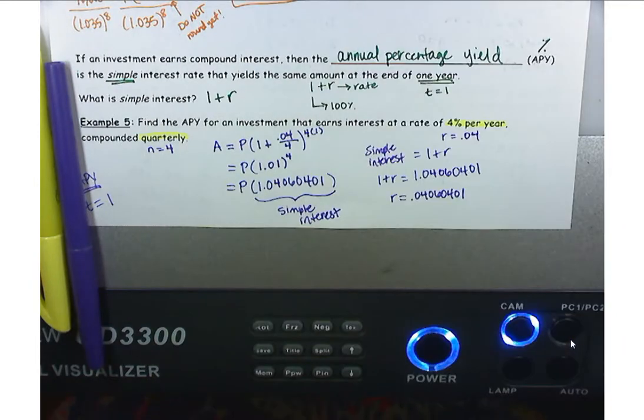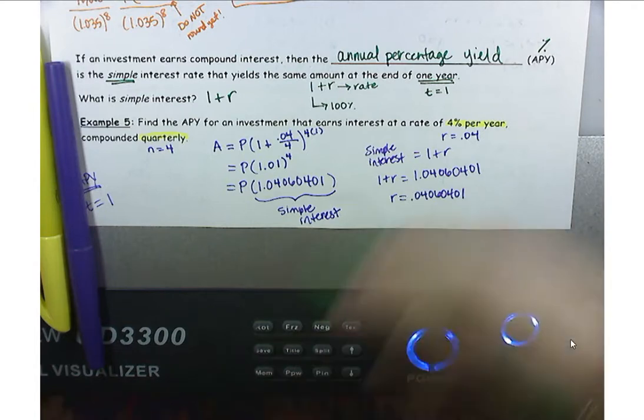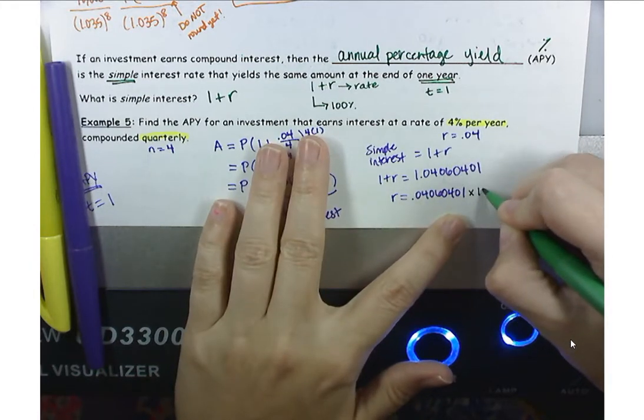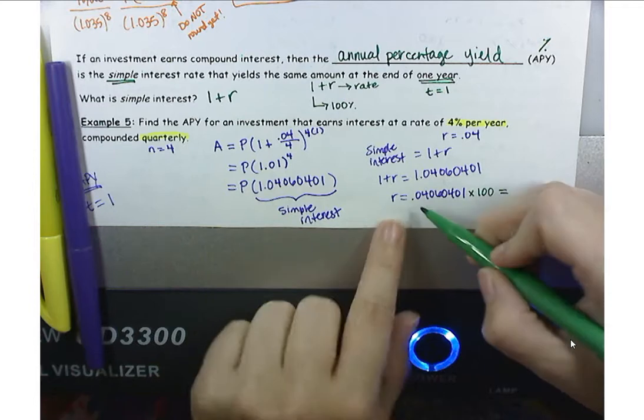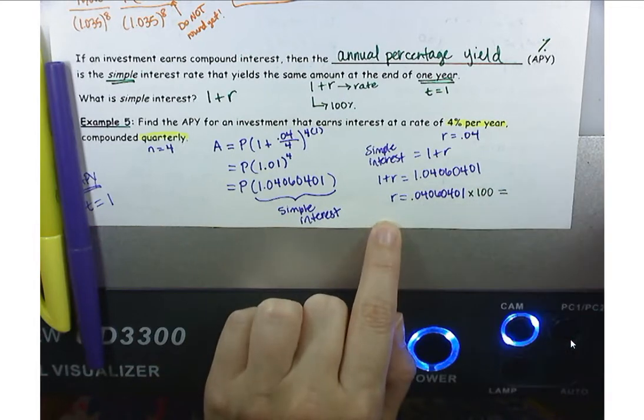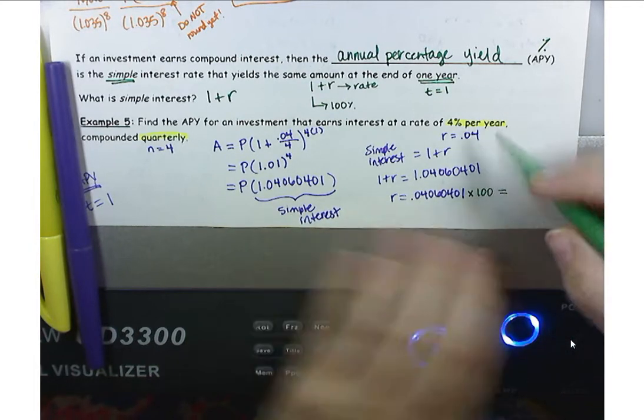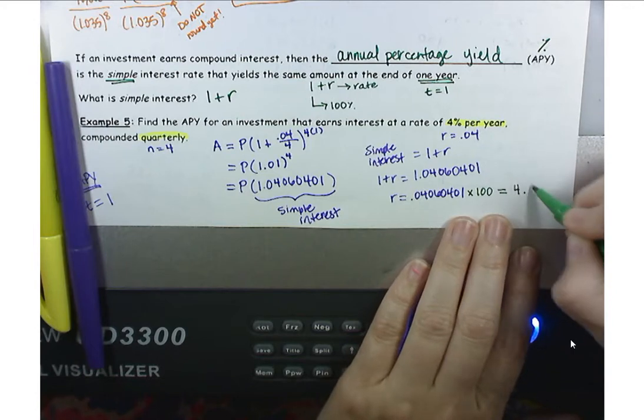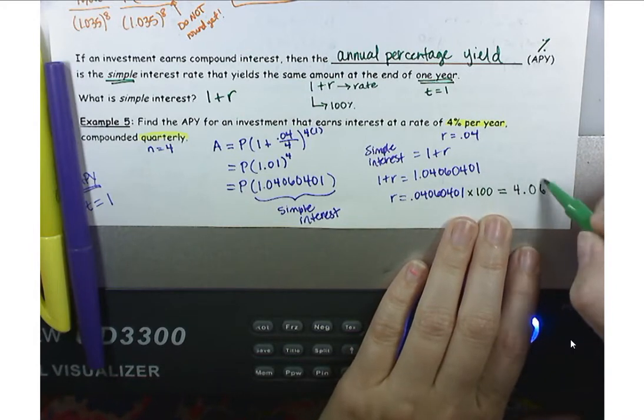I have to do what to convert it? Multiply by 100, right? Because it's the percentage. So if I multiply by 100, I'm going to move the decimal 2 places. And then you can just always round this to the nearest hundredth. So this will be 4.06%.